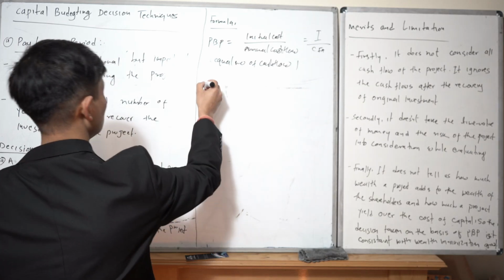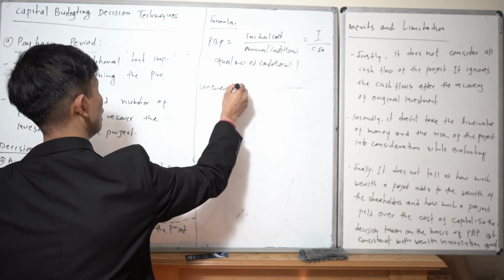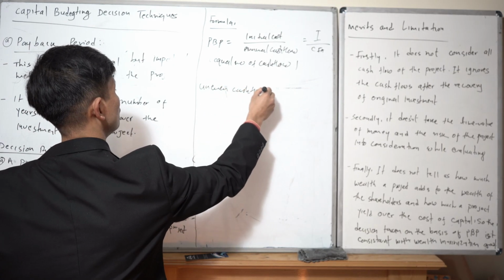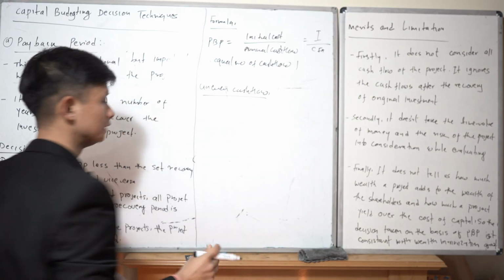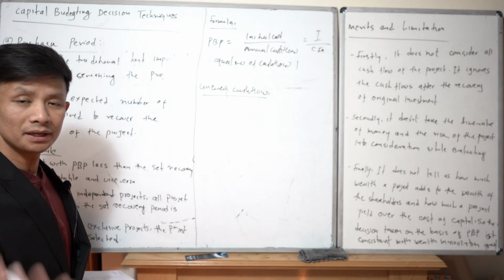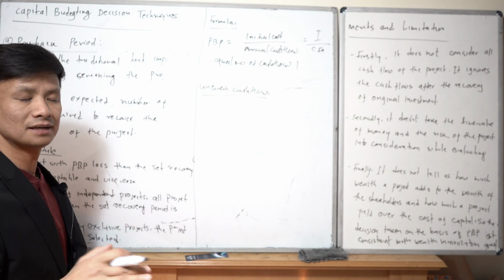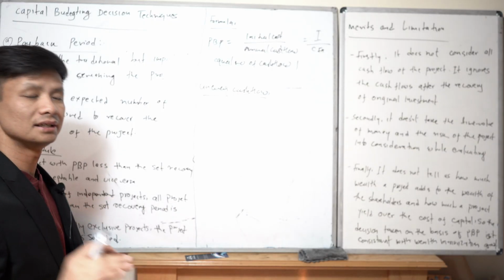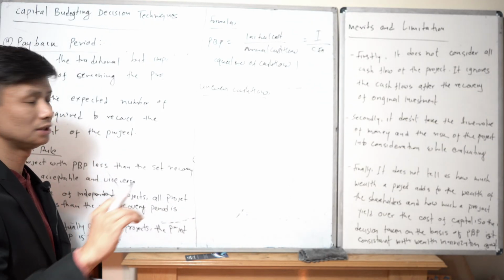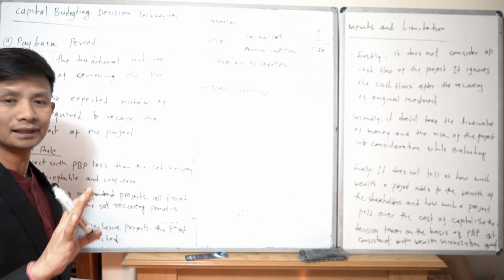So let's have a look at uneven cash flow, where the cash flow is different every year. For example, in year 1 it is 10,000, in year 2 it is 15,000, and so on. So there is a difference between cash flows.